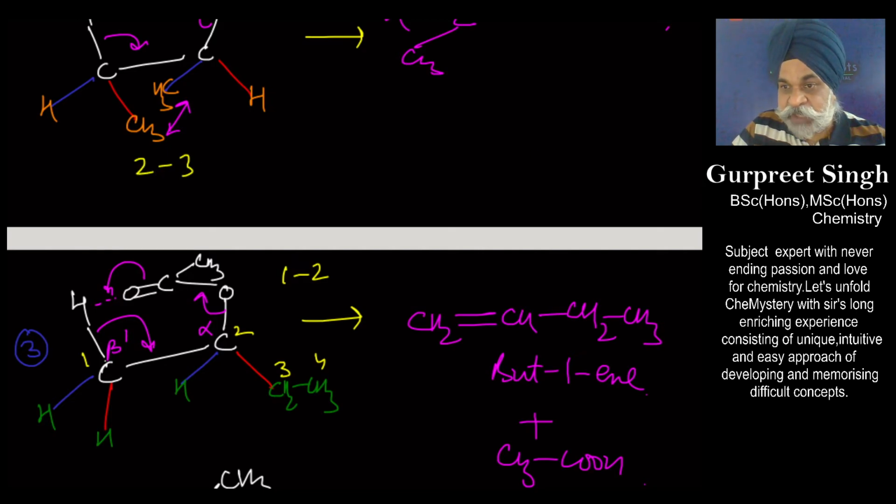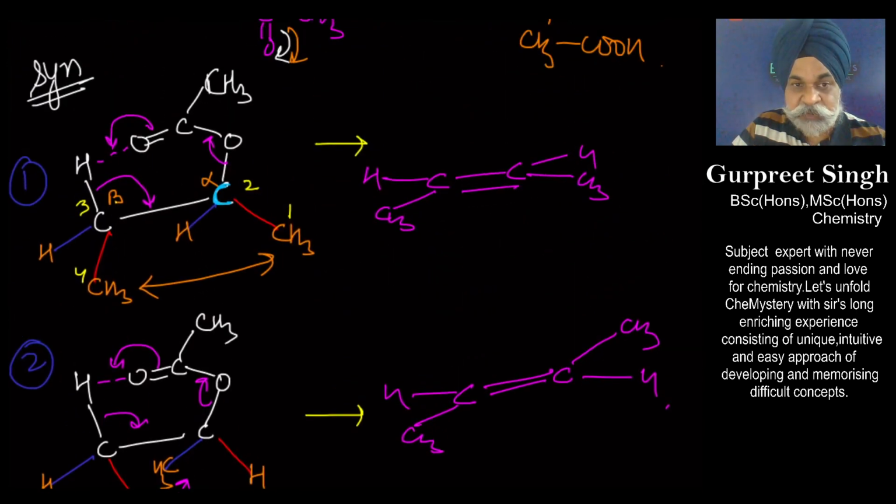Now what way do we have to decide? So here the viewpoint is that the product formation would be high, the elimination product or this transition state would be stabilized, if there are lesser steric repulsions. Here you would see there are more repulsions. Methyl would repel the methyl.